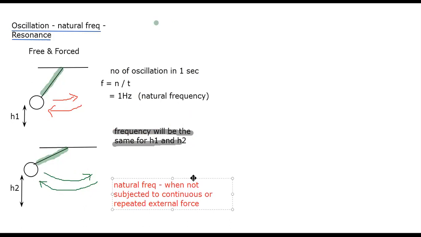And if we ignore the air friction, that frequency is the natural frequency. We're not subjected to continuous or repeated external force. Repeated means I keep pushing it, no. That one is for free oscillation. So natural frequency is any object's frequency vibrating in free oscillation.